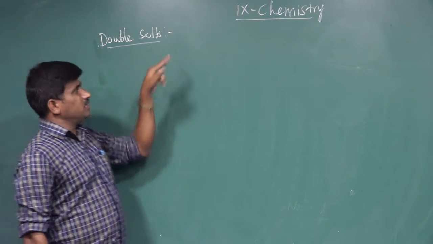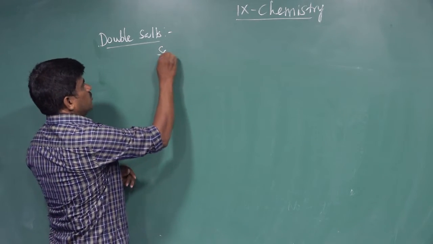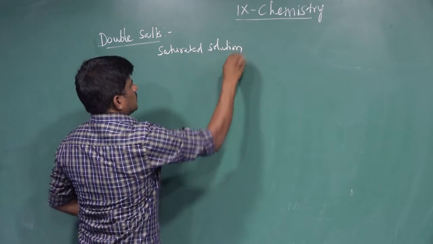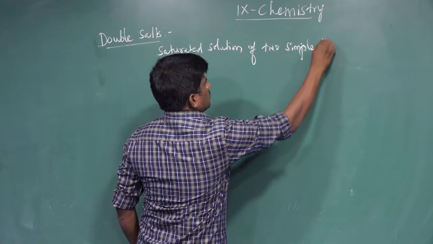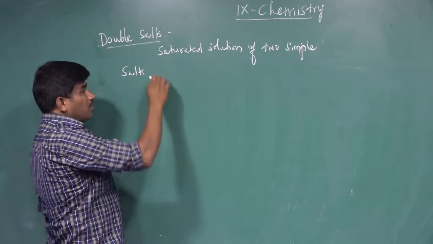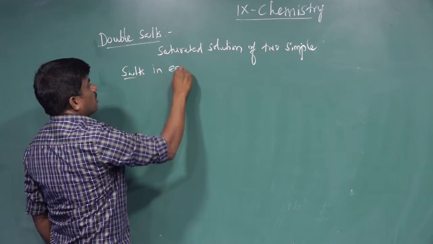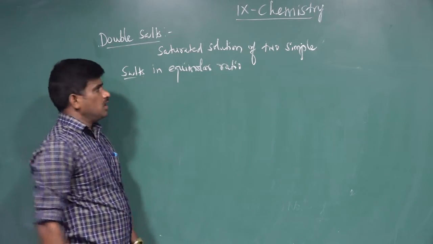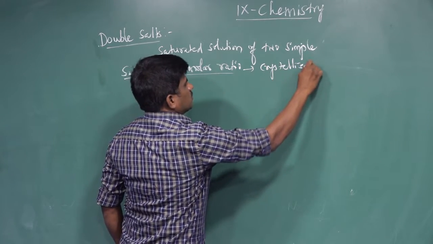Double salt is formed from two simple salts, that is, a saturated solution of two simple salts mixed in equimolar ratio, followed by crystallization. Then the double salt is formed.